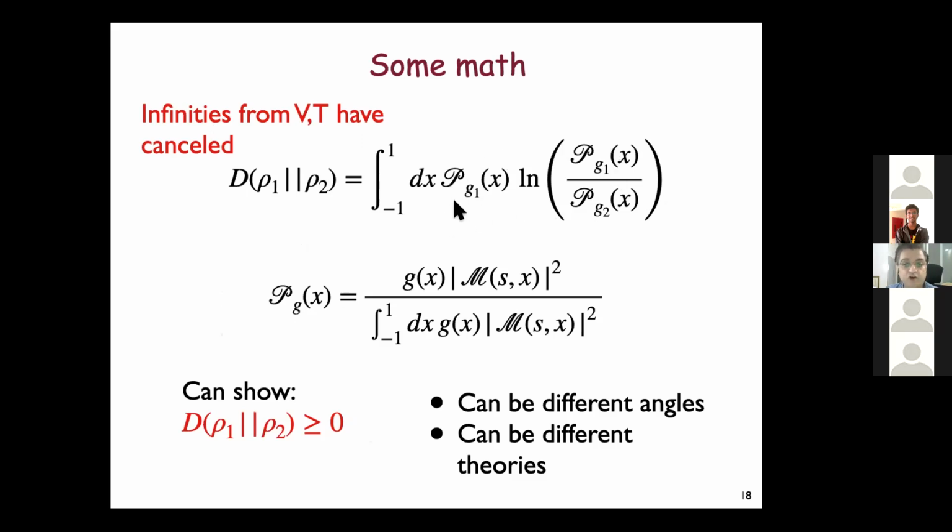It looks like a nice formula, and in fact, you have a probability density corresponding to a support function at theta 1, and another probability density corresponding to a support function at theta 2. It's not very difficult to actually show that this relative entropy is positive. It just follows from the fact that this curly P is a density.